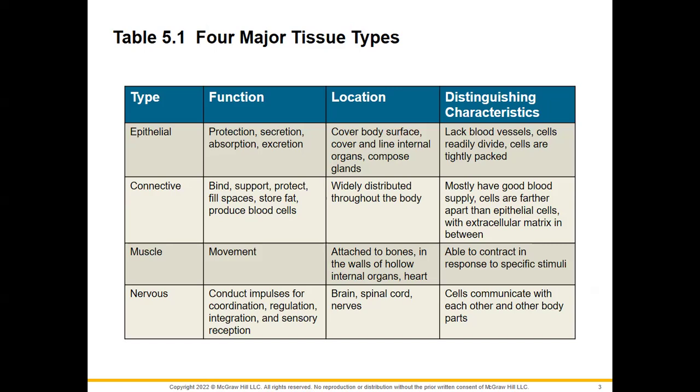Nervous tissue is located in the brain, it's located in the spinal cord, and it also consists of the nerves that are found throughout the rest of the body outside of the brain and the spinal cord. The characteristic of nervous tissue is that these cells communicate with each other and other body parts.